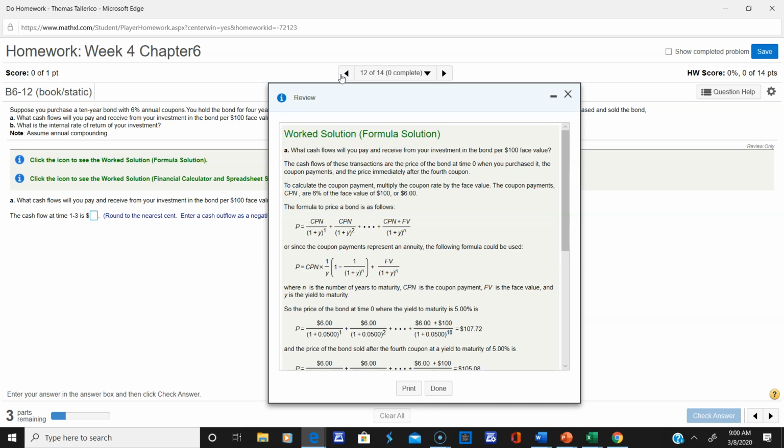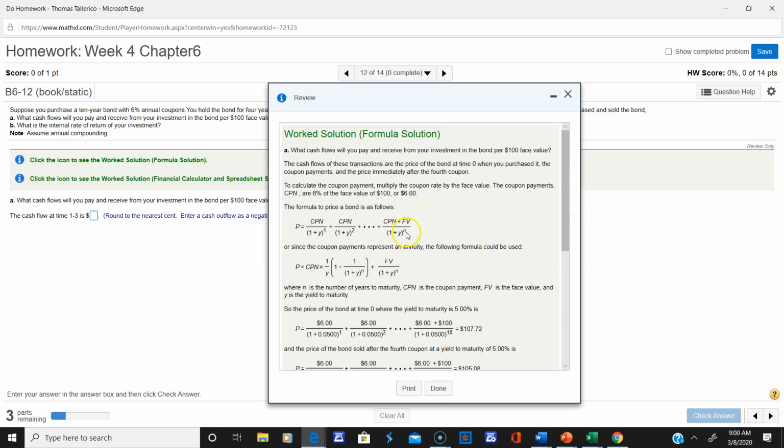As you can see, the cash flows start at time t0, when you purchase the bond. The coupons you're going to receive, I don't think we have to do a calculation for. 6% of $100 is $6, so you're going to get a $6 coupon, and you're going to get 4 of them, as it said.